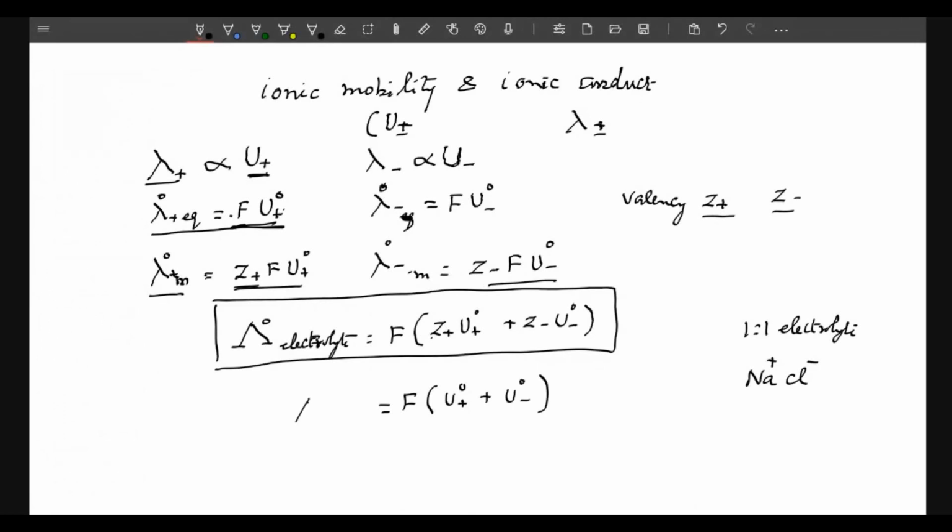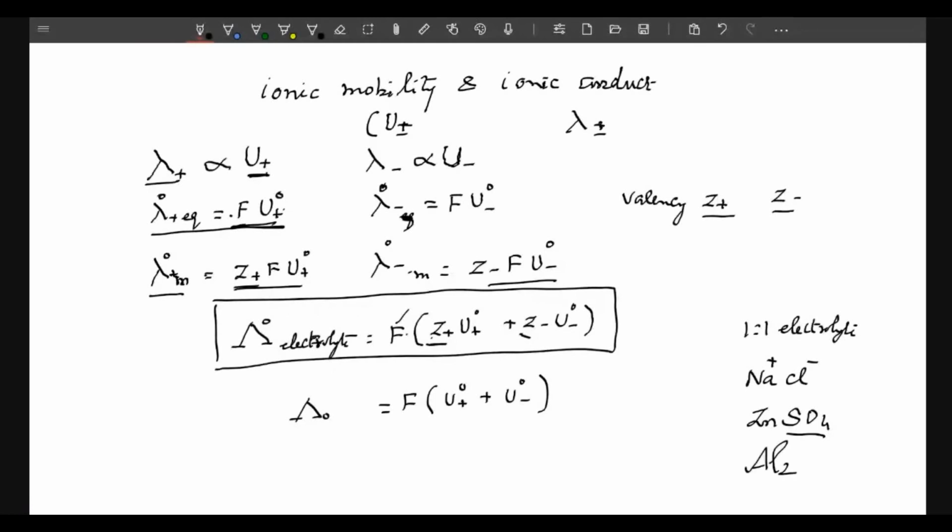If you know the ionic mobility, you can calculate the lambda naught. If it is a zinc sulfate solution, you can calculate this. F is a constant, Z plus is 2 plus, Z minus is 2 minus. You can calculate this one.